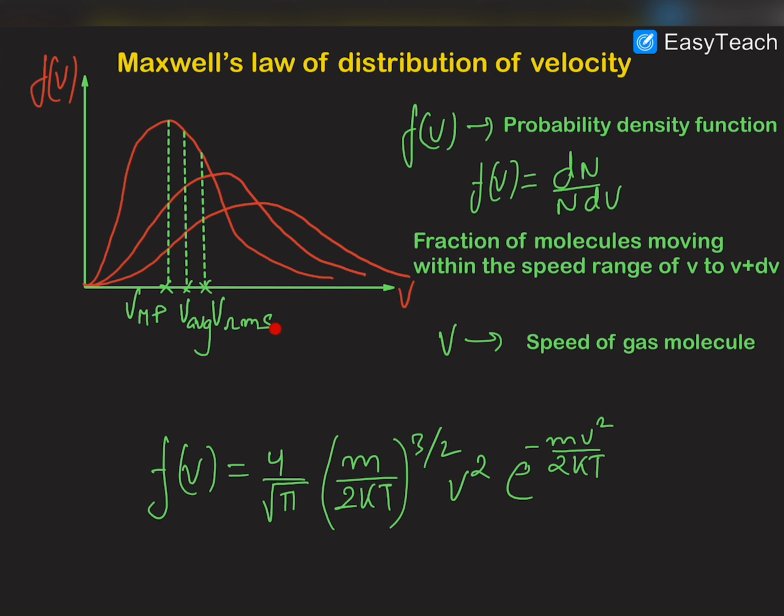So this is a practical graph, and this Fv is called the probability density function, and it is actually dN by N upon dv. Now dN by N is the fraction of molecules which are moving within the speed range of v to v plus dv.